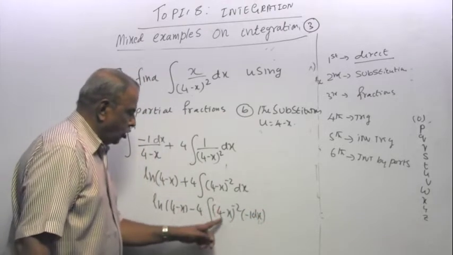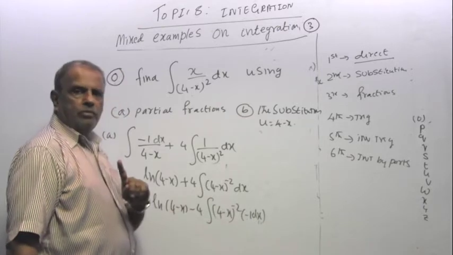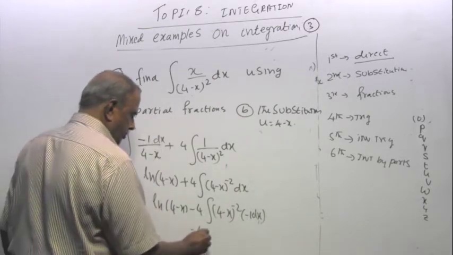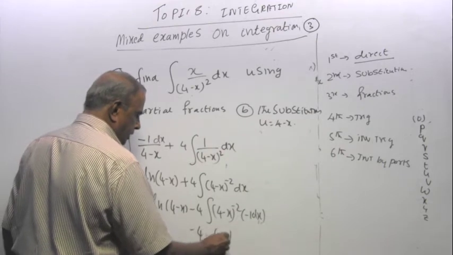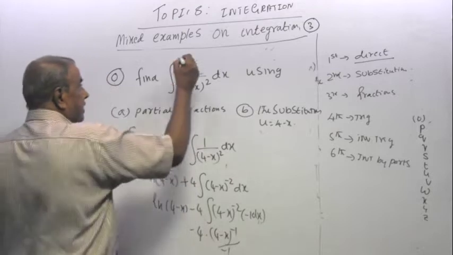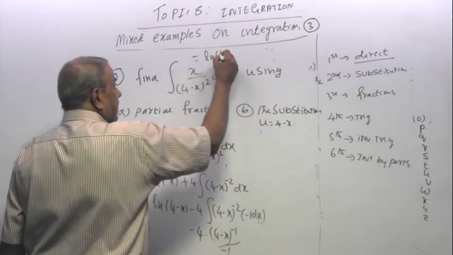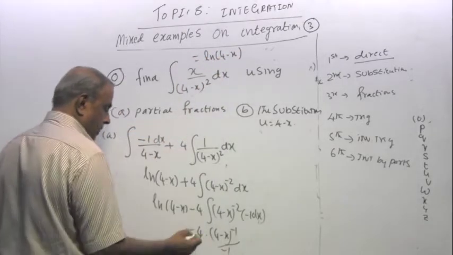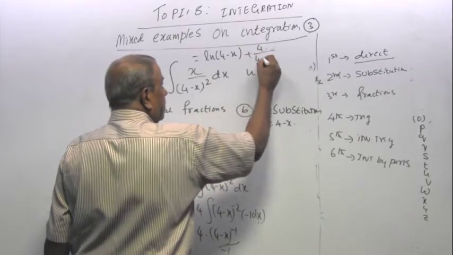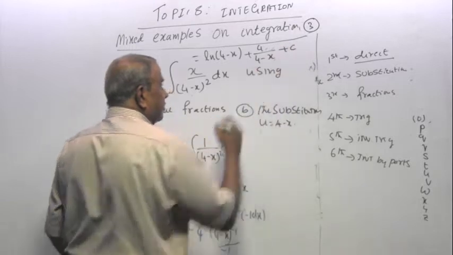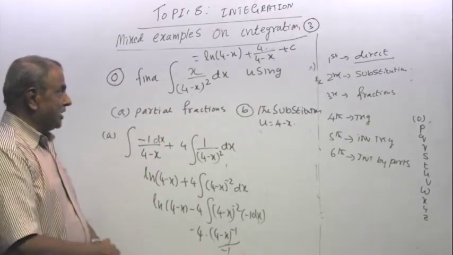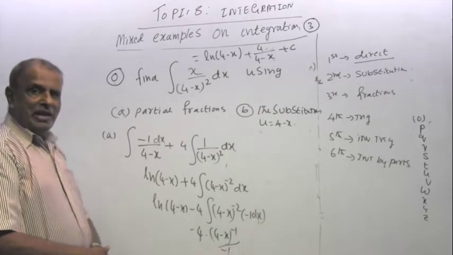So this is u power minus 2 du. u power minus 1 over minus 1. So minus 4 times (4 minus x) power minus 1 over minus 1. So the final answer is ln of (4 minus x), minus and minus becomes plus, 4 over (4 minus x) plus c. Yeah, that's a lovely question on use of partial fractions.